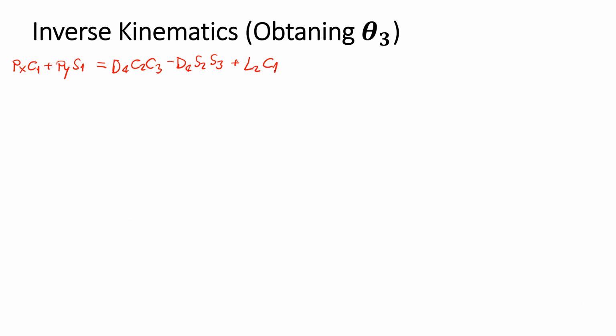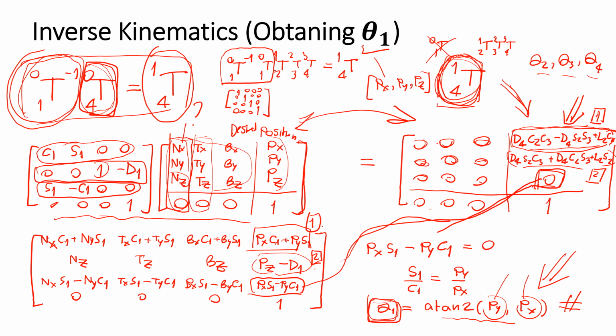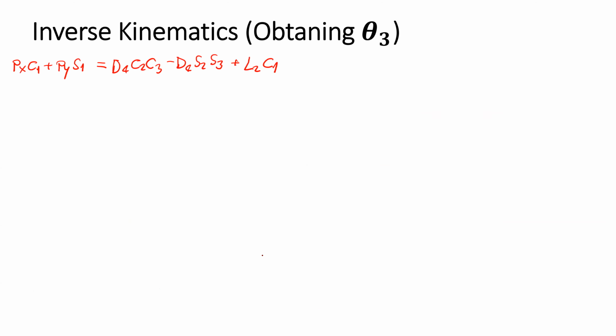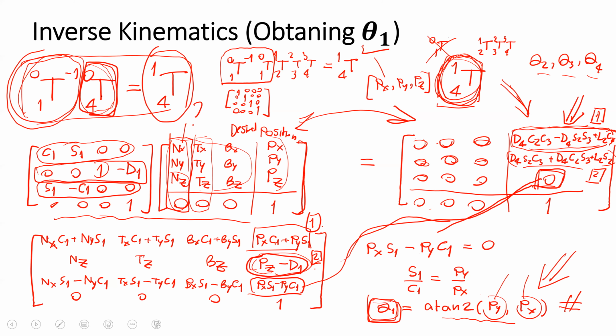The second equation is Pz minus D1 equal to S2 C3 plus C2 S3.